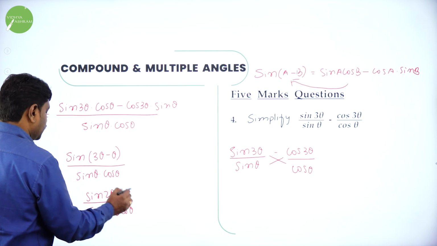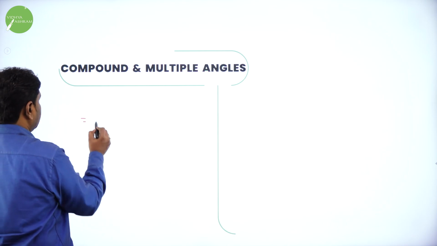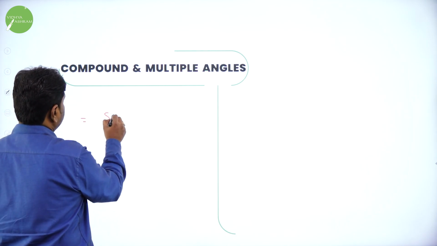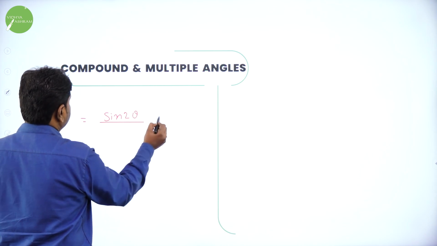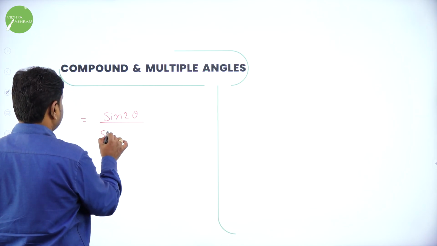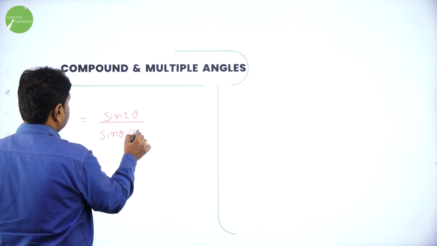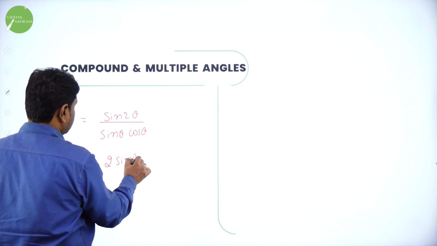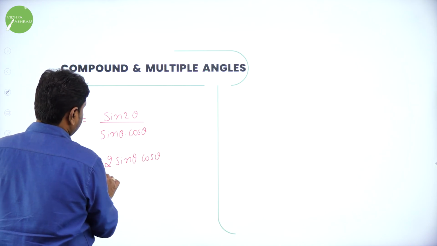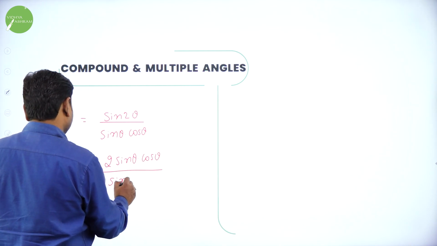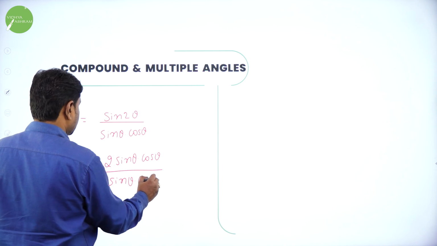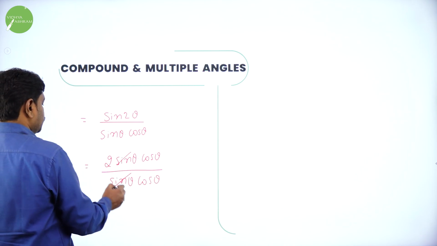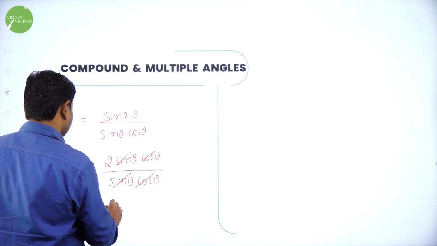Observe, in the numerator we have sin 2 theta, and in the denominator we have sin theta cos theta. Now sin 2 theta can be written as 2 sin theta cos theta divided by sin theta cos theta. So I can cancel these two, and the answer is 2.